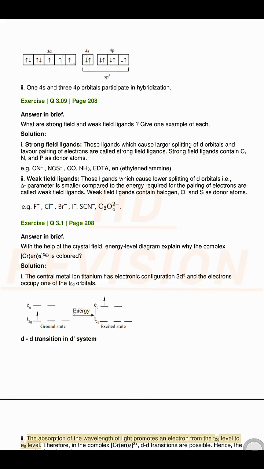The absorption of a wavelength of light promotes an electron from the t2g level to the eg level. Therefore, in the complex [Cr(NH3)6]3+, d-d transitions are possible. Hence, the complex is colored.